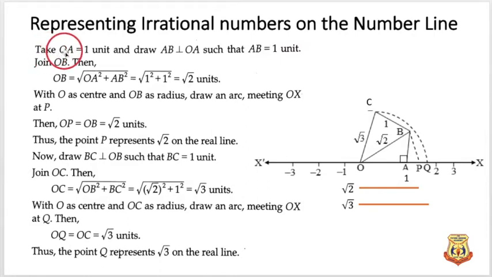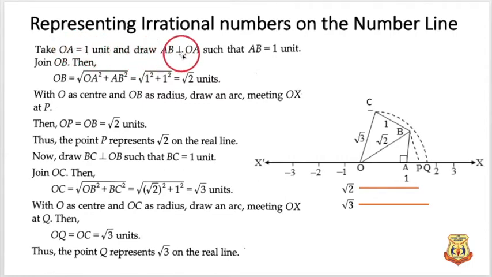So take OA equal to 1 unit. Here we are going to represent root 2. Later we'll do root 3. So OA is equal to 1 unit.